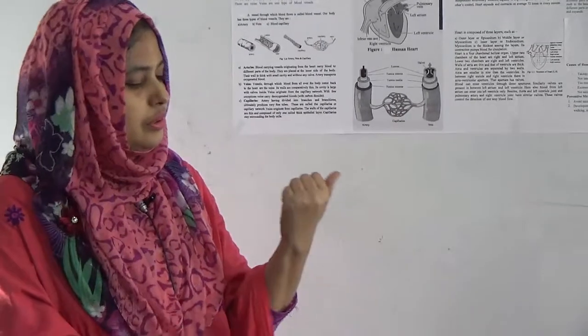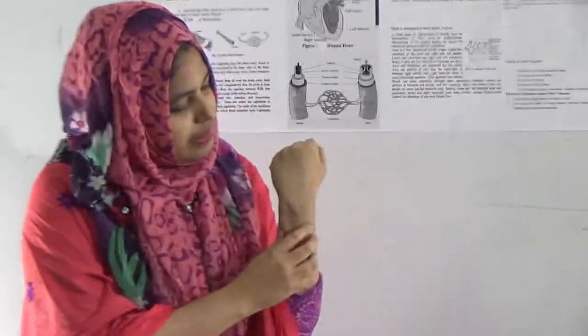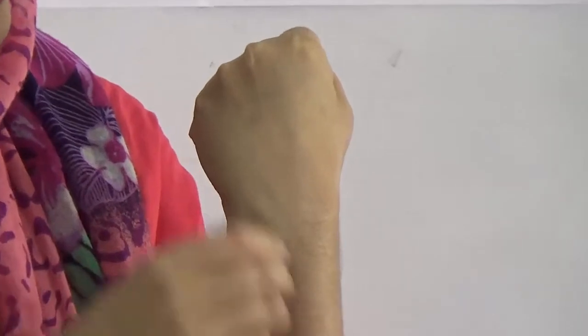Dear students, before starting our class, I want to show you something. If you look carefully at your hand, you can see a blue colored blood vessel in your hand.